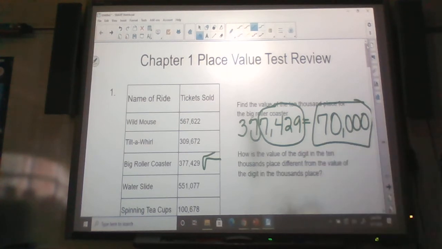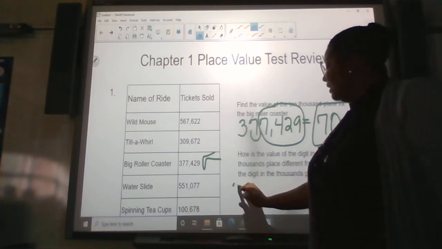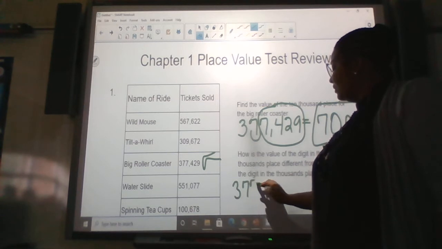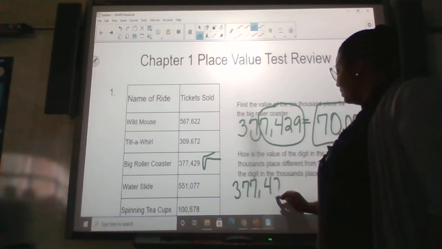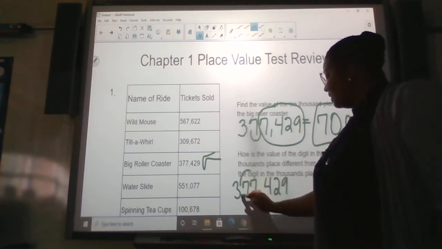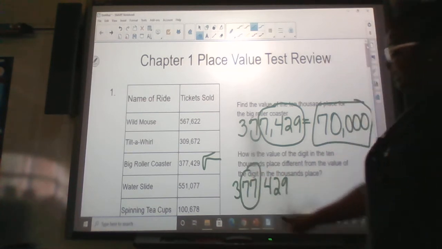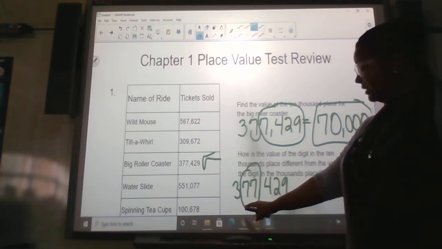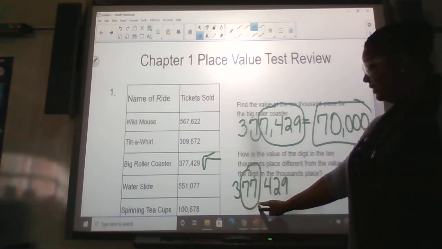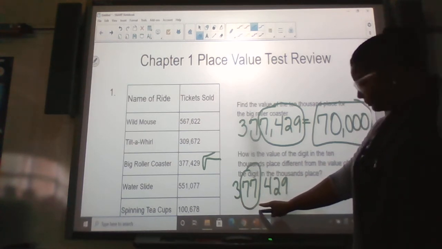Then it asks, how is the value of the digit in the 10,000s place different from the value of the digit in the thousands place? Well, once again, I'm going to look at this same number, and these are the two I am looking at. I know that this 7 is in the 10,000s place, and this 7 is in the thousands place.